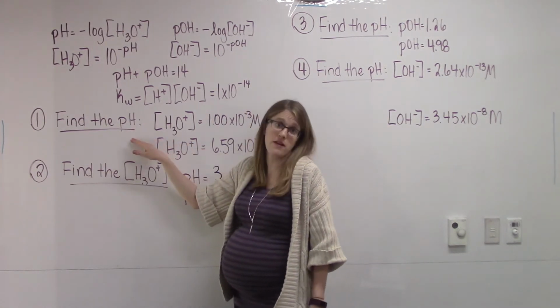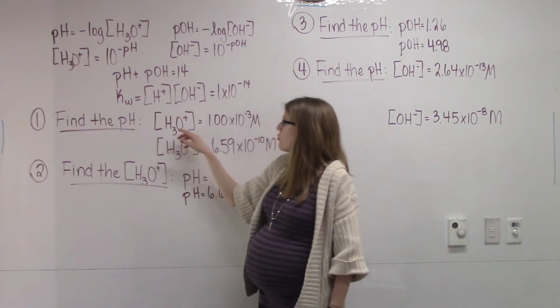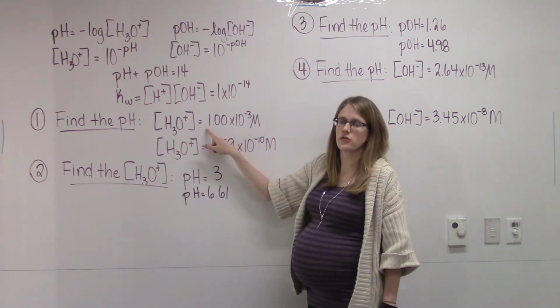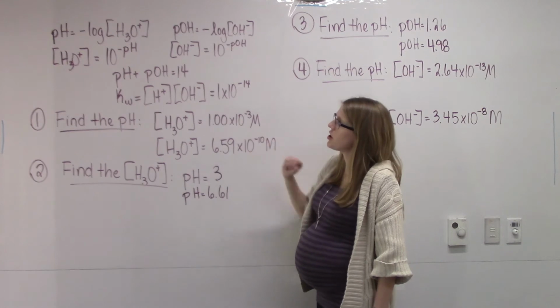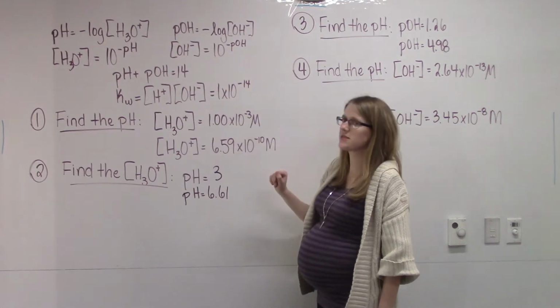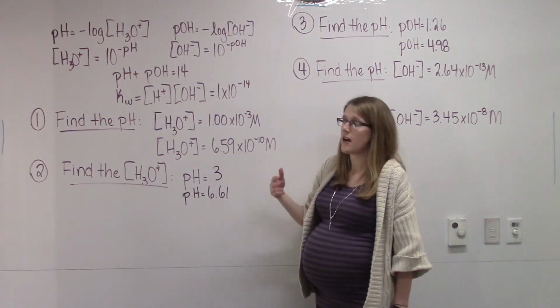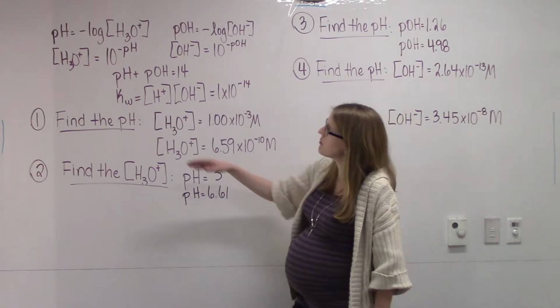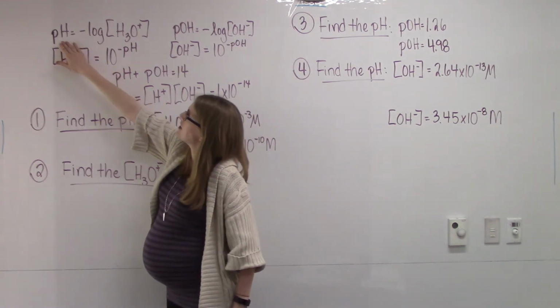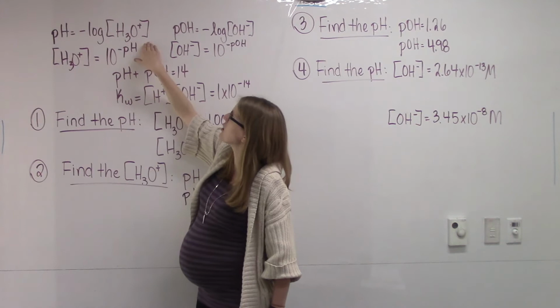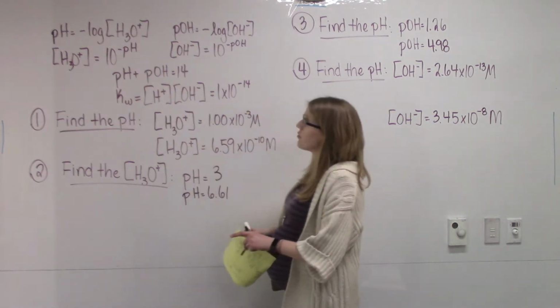So we're looking for the pH. We are given the H3O plus concentration. It's right here. So let's find a formula that has pH in the answer using the H3O plus. Oh, look, right here. pH equals negative log of the H3O plus concentration. That's our formula.